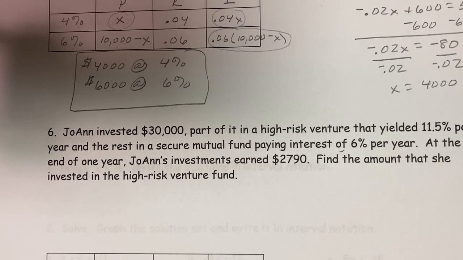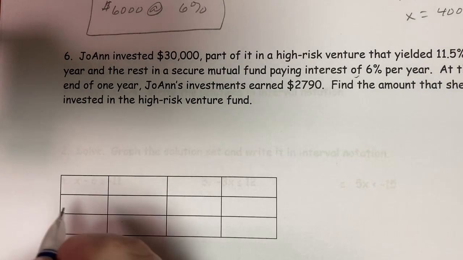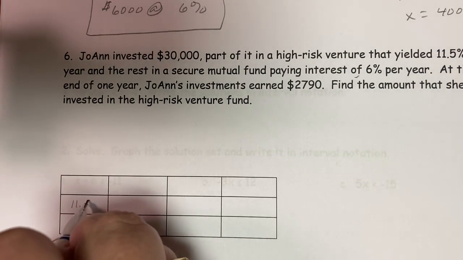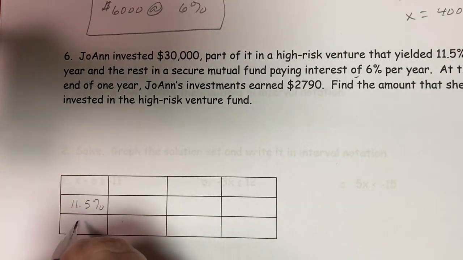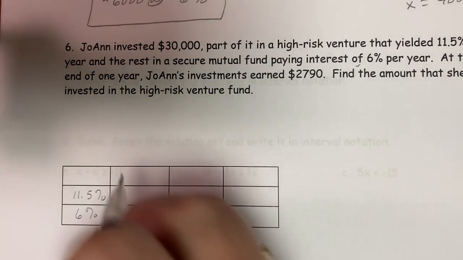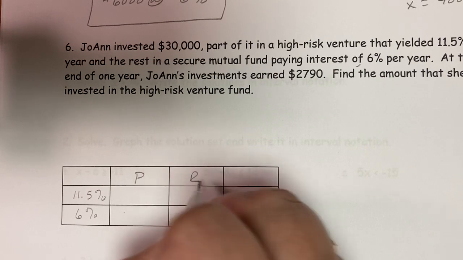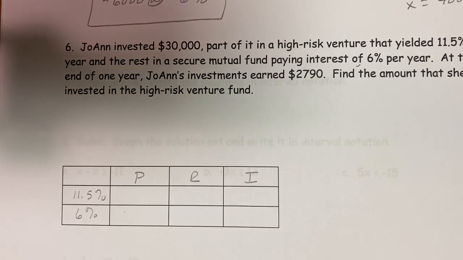So let's see. We have 2 different investment accounts for Joanne. She invested part of her money at 11.5% and part of it at 6%. And of course, we're going to have principal times the rate equals the interest. So do we know how she split up her investment? No, but we know there was a total investment of $30,000.